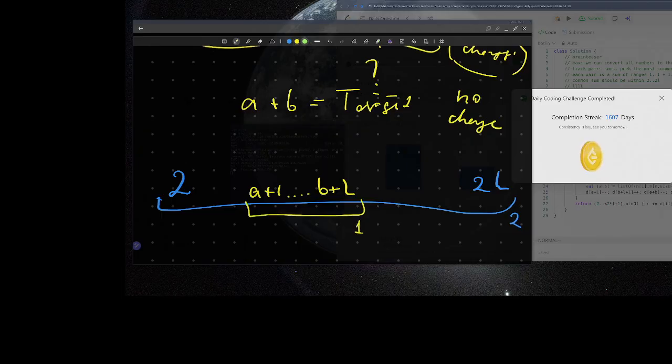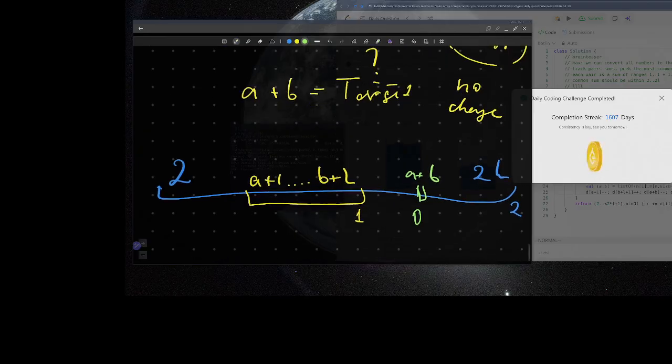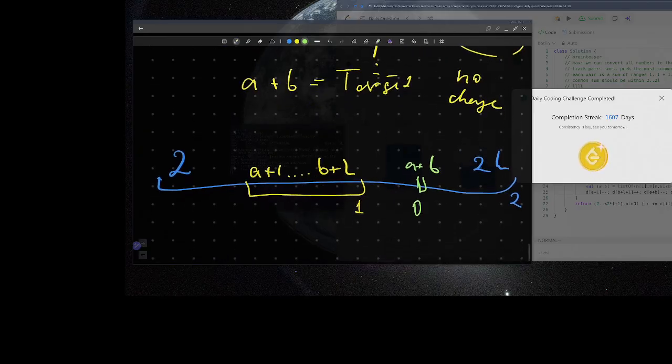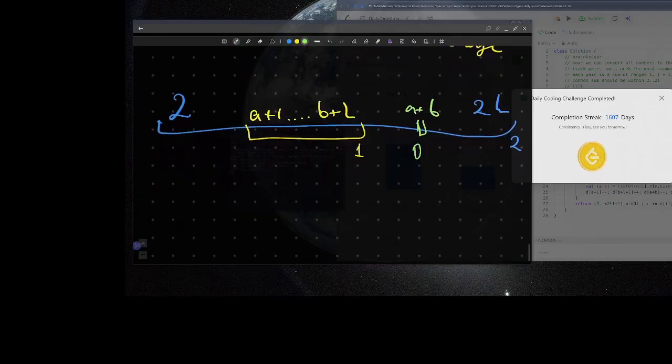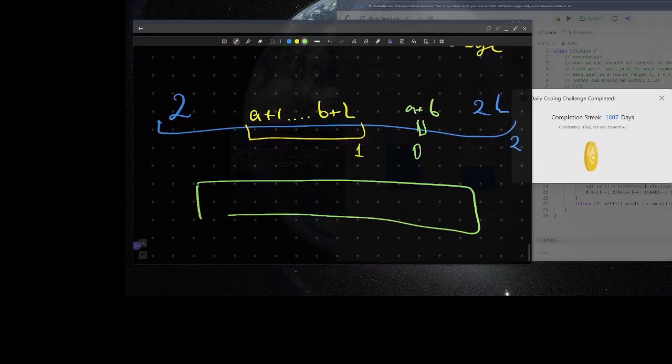And there is some point in A plus B where the change is 0. So this is just a single value range. Okay, this is what the picture looks like for this single value in this array.